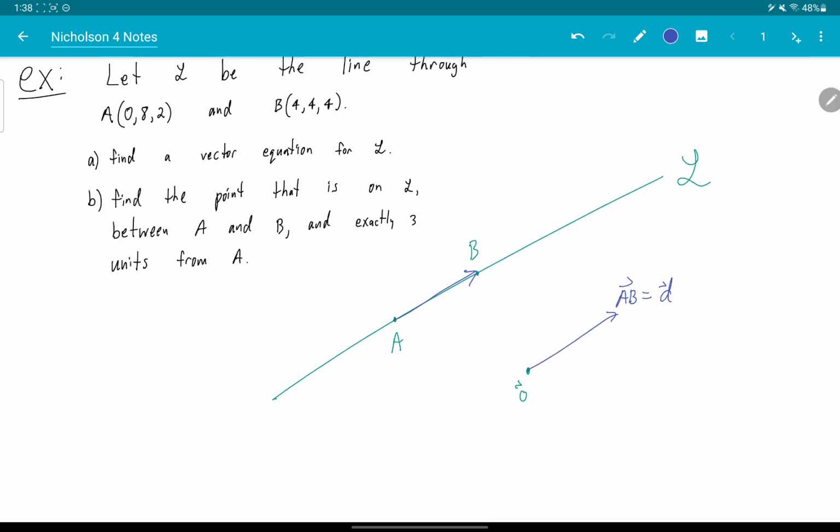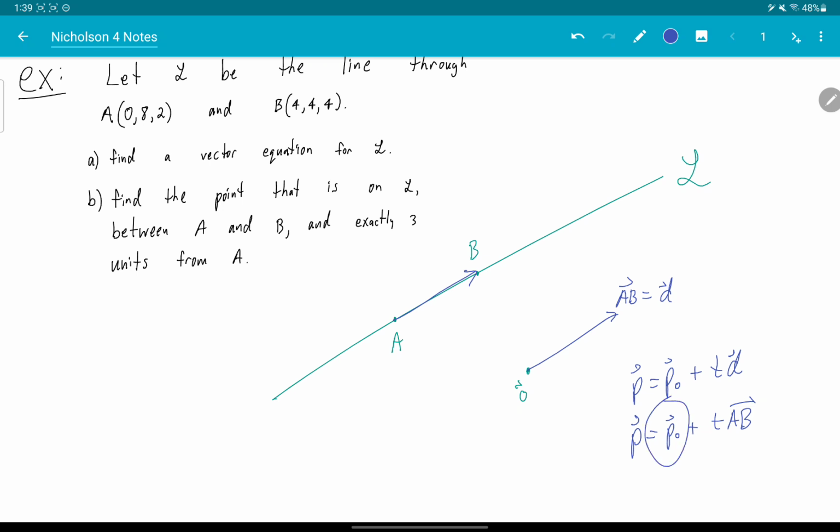So when I find my line, P is equal to P0 plus tD, my first step is to just put in AB for the direction vector.